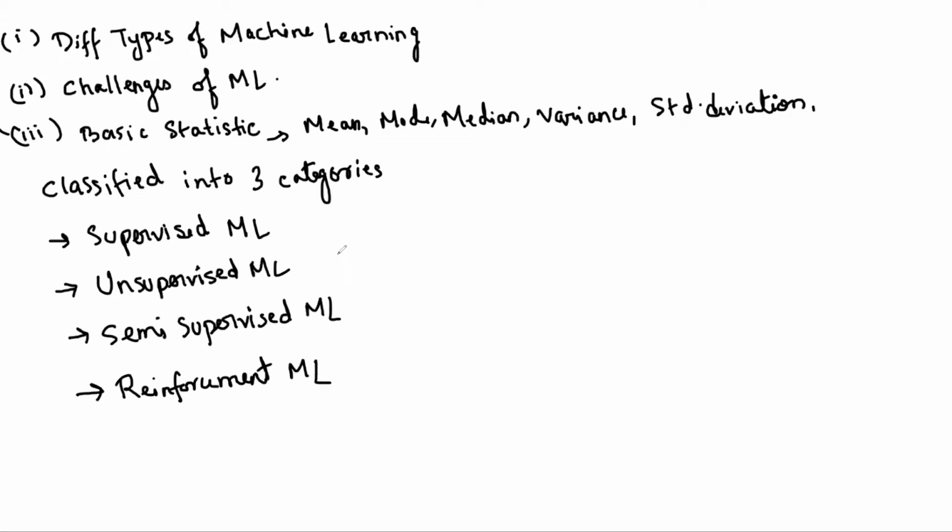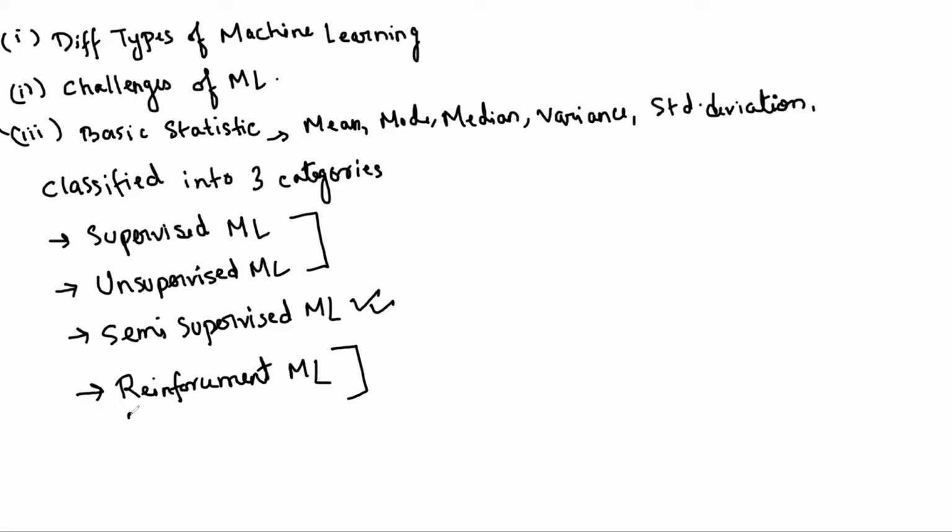In our course, we will be mainly working with the first ones. Reinforcement is a completely different beast altogether, but I will describe what each of them actually is. Our course will mainly focus on supervised and unsupervised. Once you know supervised and unsupervised and how to deal with those algorithms and models, you will be able to deal with semi-supervised machine learning.